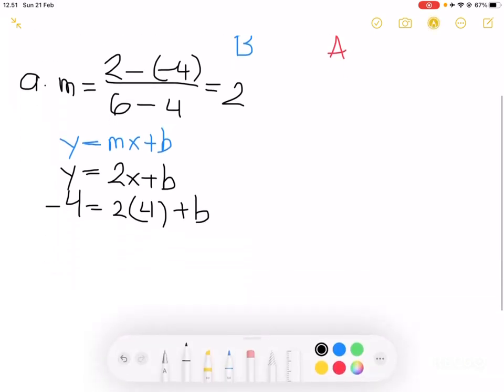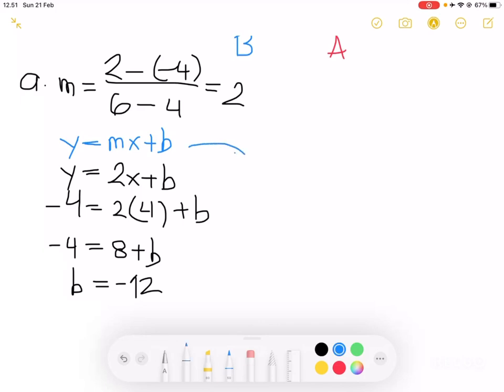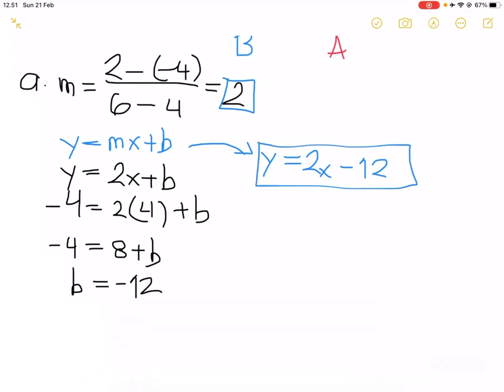So we have -4 equals 8 plus b, which leaves us b equals -12. Plugging b back into our original equation, it will be y equals 2x minus 12. So this is the gradient of the line, and this is the equation of the line.